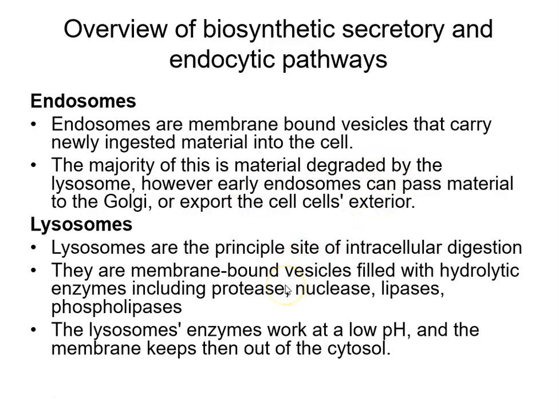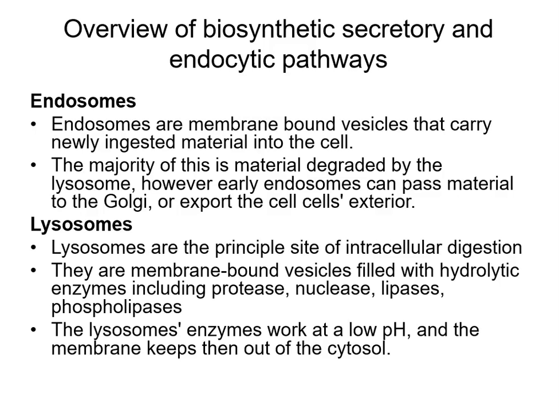Also, you'll find these very, very active in macrophages, and macrophages can take up entire cells and take up bacteria, and those engulfed materials for destruction will be sent to lysosomes for breaking down into nucleotides, amino acids, lipids, cholesterol, and so on.